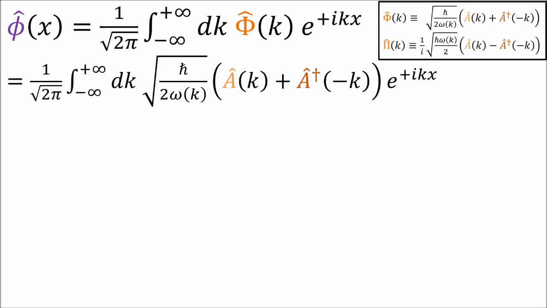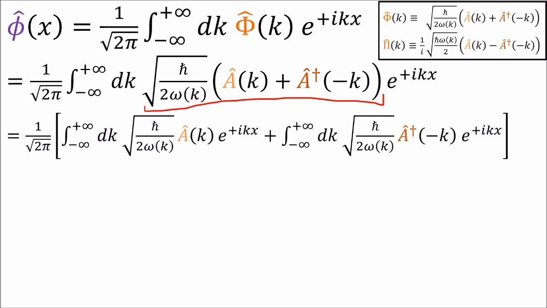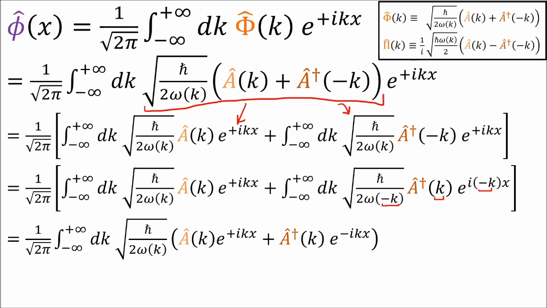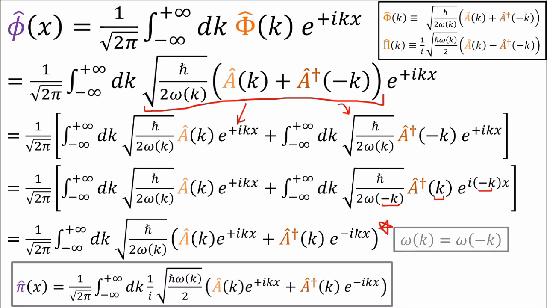And then big phi is usually rewritten as a linear combination of the big A ladder operators. After splitting the integral into two and flipping some of the signs for k, we get this final solution here for phi of x expanded out in terms of normal mode ladder operators. There's also a similar general solution for pi of x written like this.